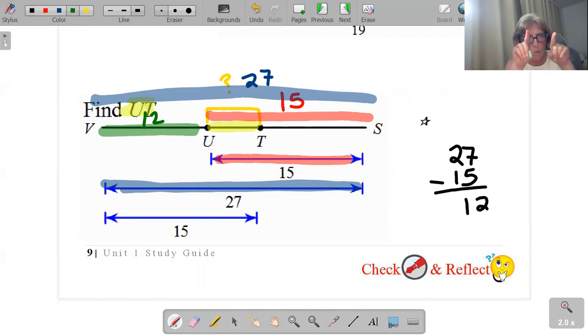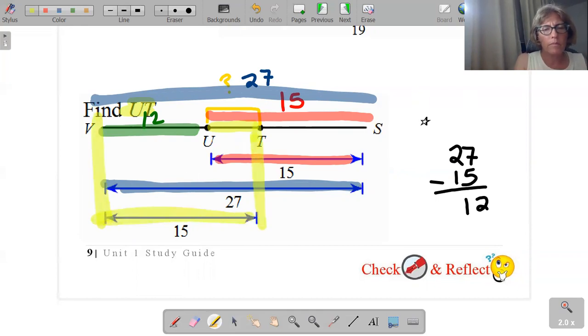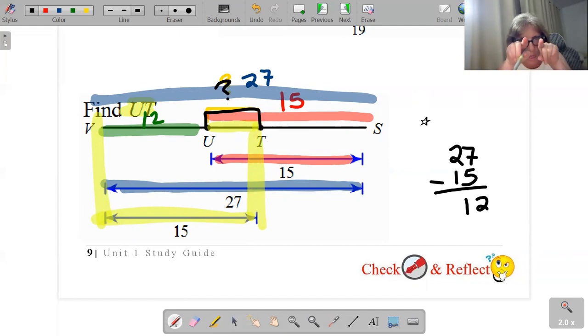Now, put your fingers on the 15. Put your finger on the 12. 15, 12. And that should get you your unknown. Use your fingers on the diagram.